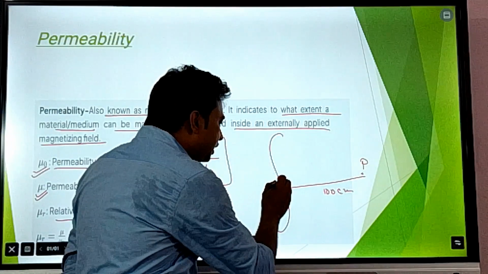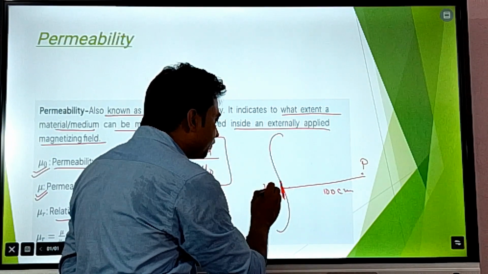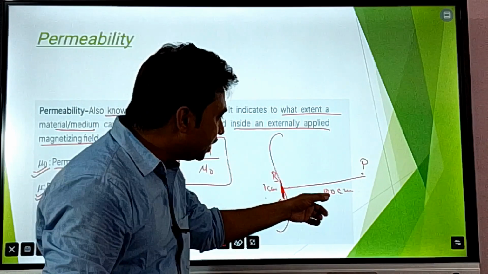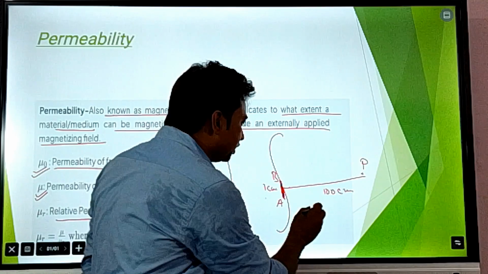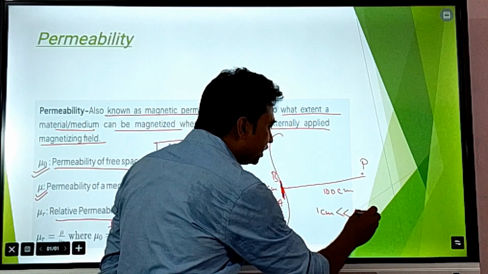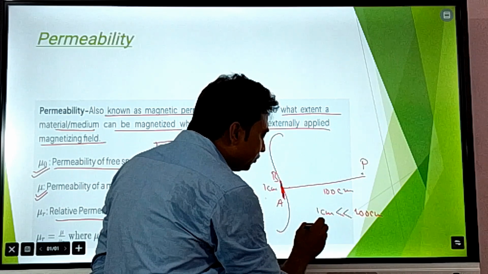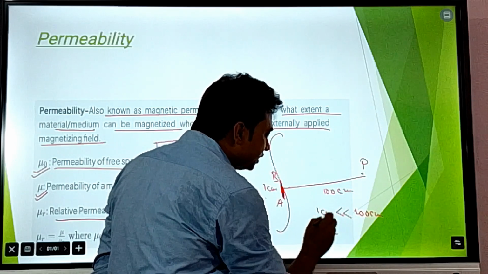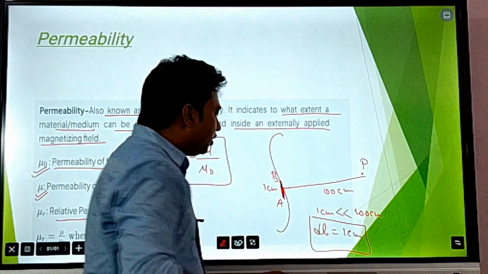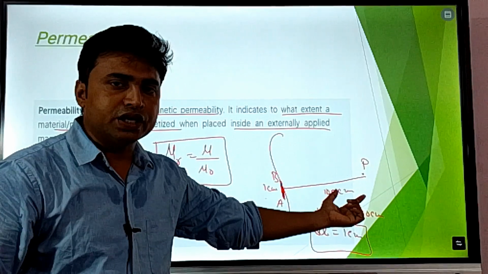Then I take a length of 1 centimeter on the wire. This 1 centimeter is very small compared to 100 centimeters, so it can be considered a current element.